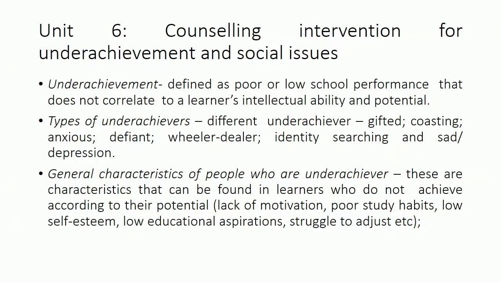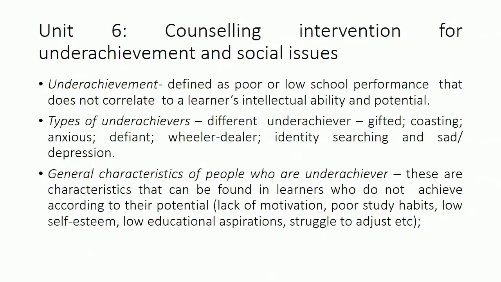Then we have the general characteristics of people who are underachievers. What do we learn from people who are underachievers, or how do we come to understand that this is an underachiever learner? So these are characteristics that can be found in learners who do not achieve according to their potential.